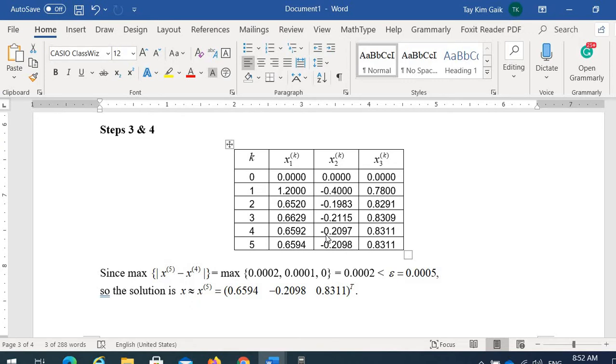The maximum value is 0.002, which is less than epsilon. Then we stop, and the solution is x number 5. This is x1 is 0.6594, x2 is negative 0.2098, x3 is 0.8311.